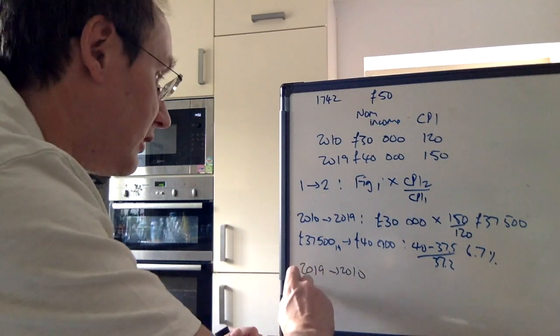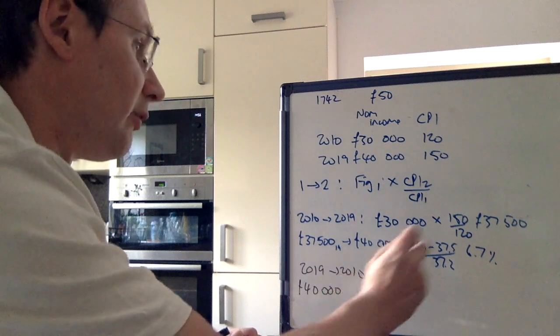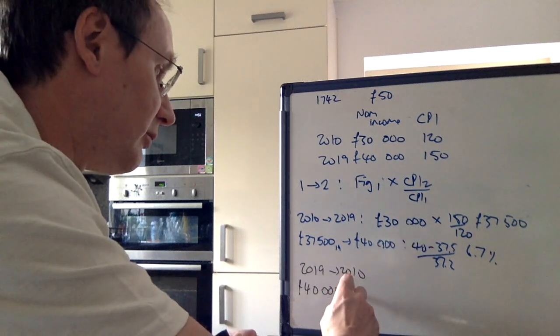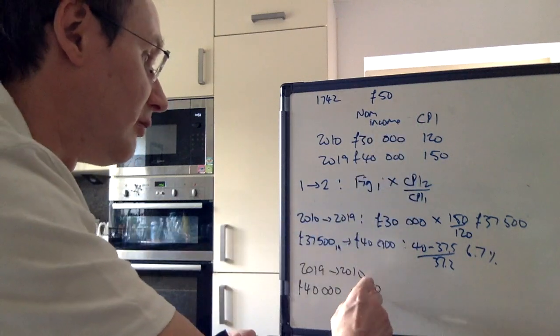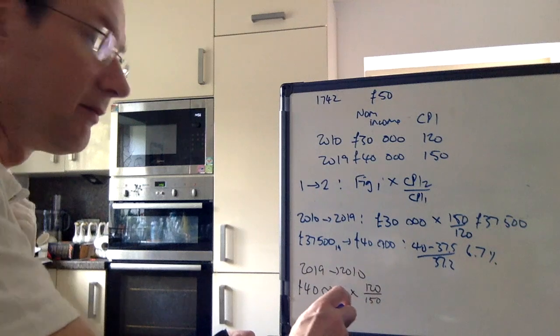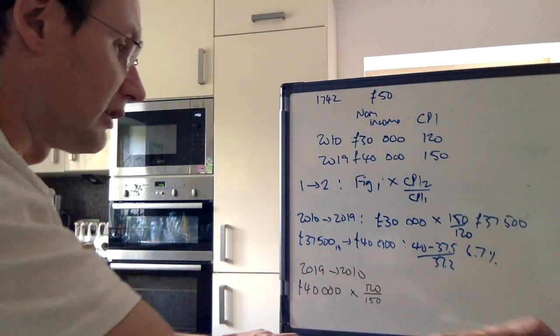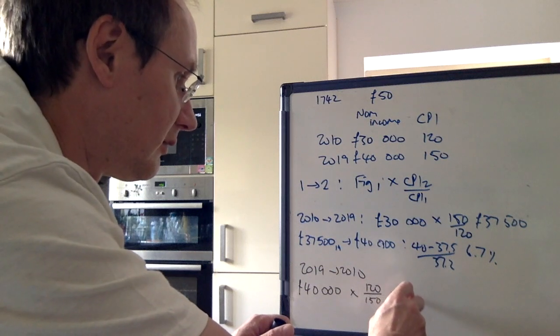We take our 40,000 quid and multiply by 120, which is the CPI in the target year, divided by 150. That's 0.8, so that's 32,000.